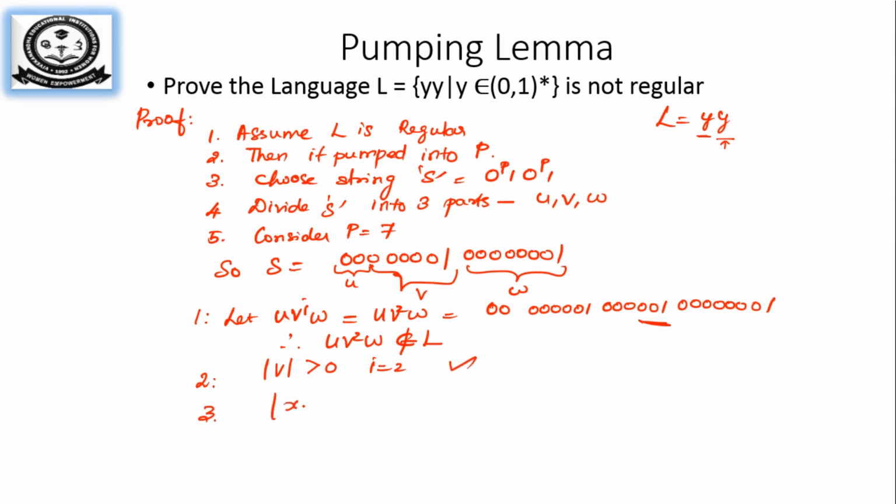But the length of UV must be less than or equal to P. The length of U is 2 here and V is 6 here, so it is not less than or equal to P. So the condition fails. So all the pumping conditions have failed here. Therefore we say the language is not regular, it can't be pumped with P.